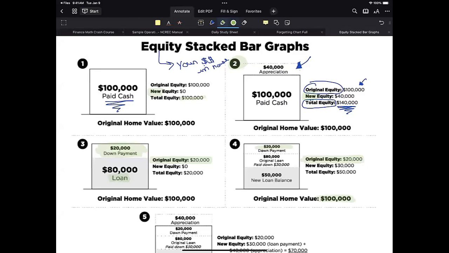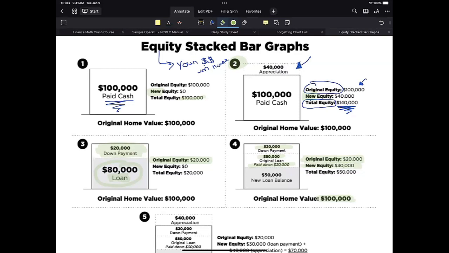So when you started this day and you were leaving the closing, you would have started with an $80,000 loan. You started with this $80,000 loan, but then you paid down your loan by $30,000. Because you're like, well, this is $30,000 I won't have to pay interest on. So originally you had $20,000 in equity, but would you agree by paying down with that cash, you have a new $30,000 in equity?